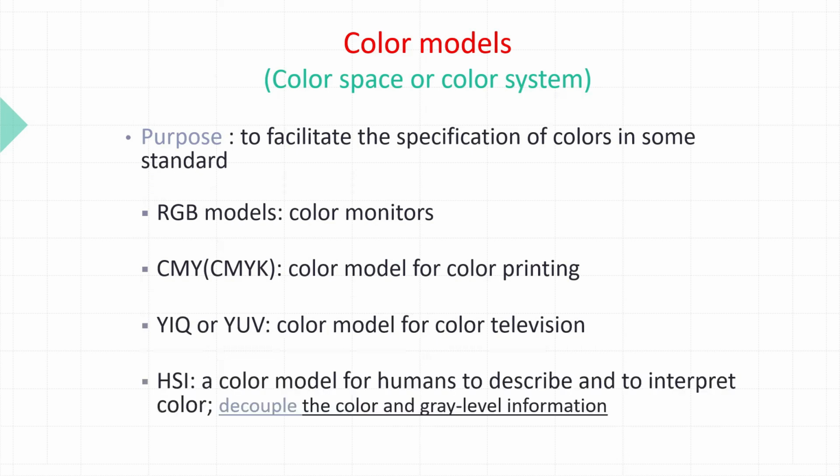Next one, HSI, represents hue, saturation, and intensity. Hue, saturation, intensity are very important parameters in an image, which give us the perception of the image in a very good way. It means it can try to interpret the colors also.